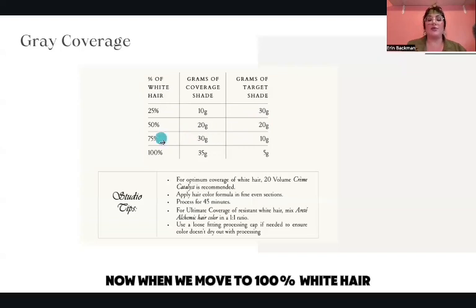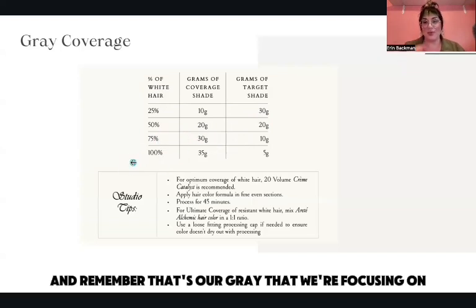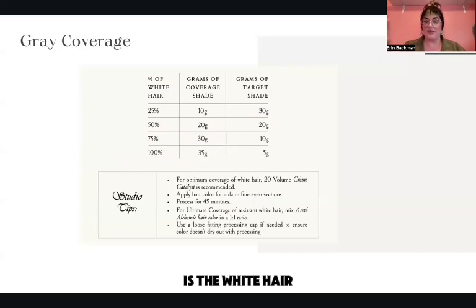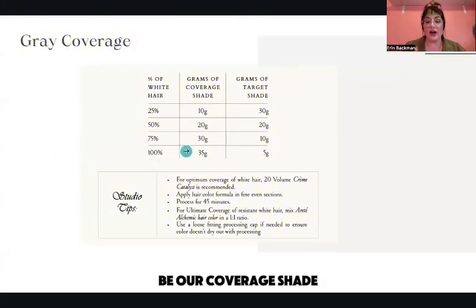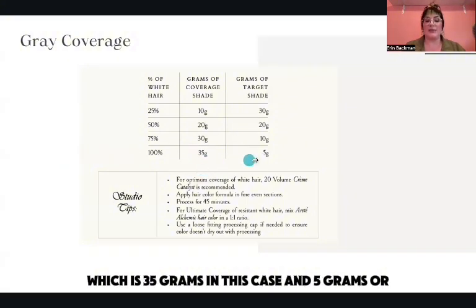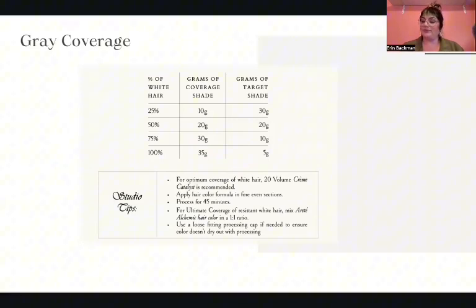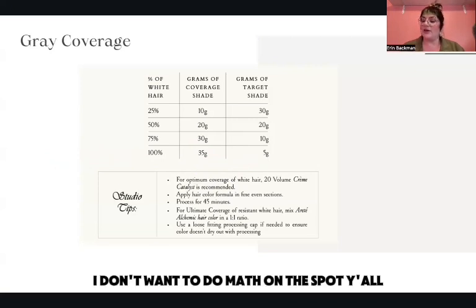Now, when we move to 100% white hair, and remember that's our gray that we're focusing on is the white hair, we are going to have 87.5% of our formula be our coverage shade, which is 35 grams in this case, and 5 grams, or I don't want to do math on the spot, y'all.